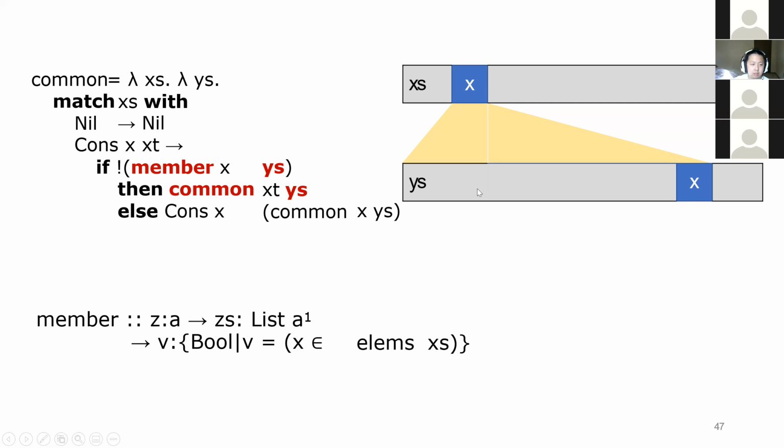If it is an element of the second list, we go to the else branch, so we include x in the output list. Otherwise, we discard x. And now we know that each time we call the member function, we will consume one potential for each element in the list.